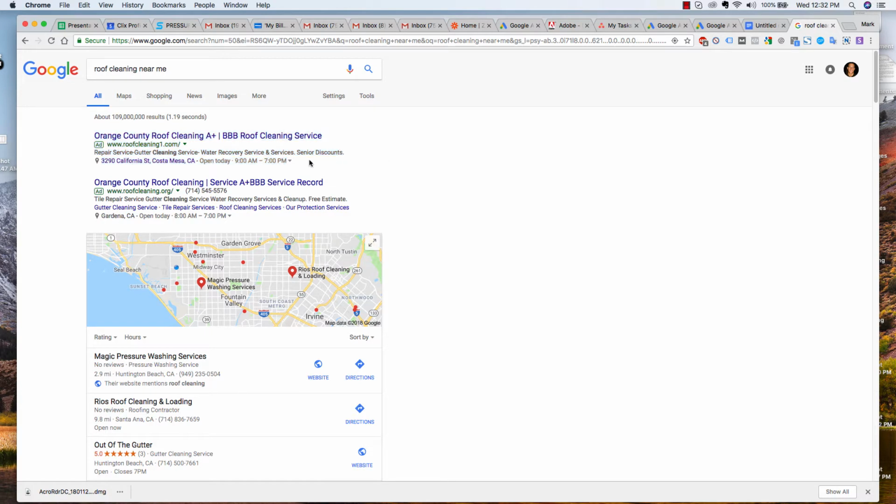So Google's making $50 for every 100 impressions this ad gets. They're only making $30 for the other ad, because they pay $15 a click and get 2 out of 100 clicks, a 2% click-through rate. So every 100 impressions is $30 for Google, and for this company they get $50 for every 100 impressions.